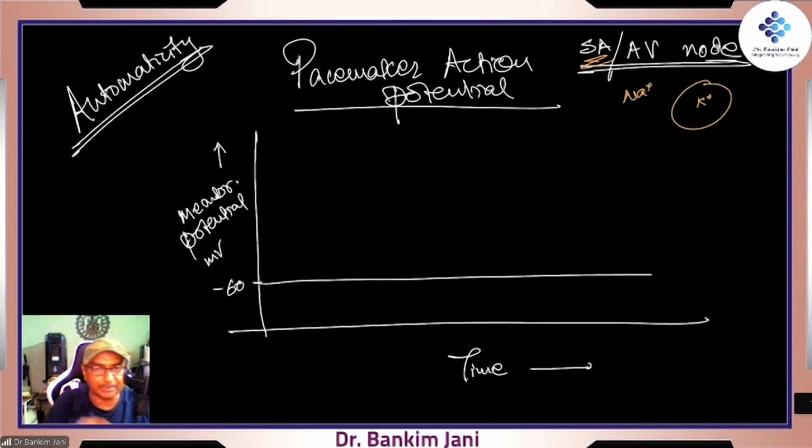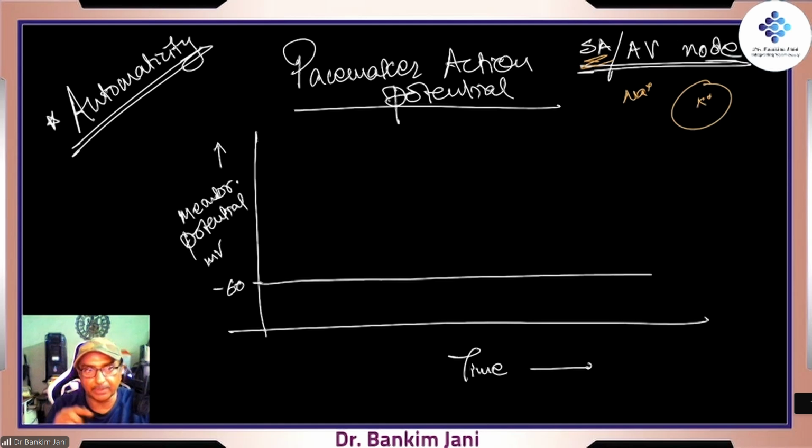Automaticity is a technical word for spontaneous depolarization. That means it is automatically sending the signal, so no stimulus is needed. Yes, you can control it. Your brain can control it through sympathetic and parasympathetic. We'll see at the end how sympathetic and parasympathetic can control it. But as such, it doesn't require any motivation, and that's why these tissues are said to have the function of automaticity.